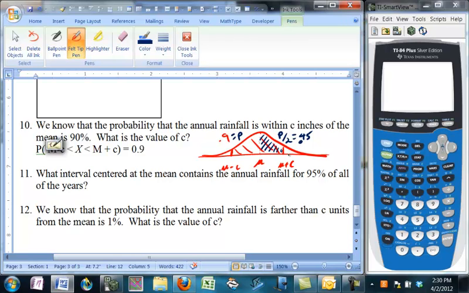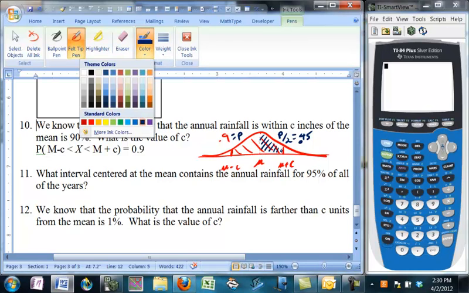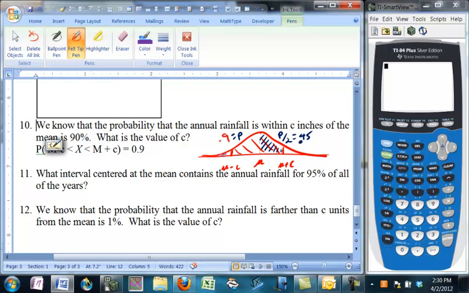Why? Because this is symmetric. But what we really need to see is that the area all the way to here, that purple area, is the cumulative probability, which is p over 2 plus 1/2, because it's half below here. So that area is 1/2, and this area right here is p over 2.